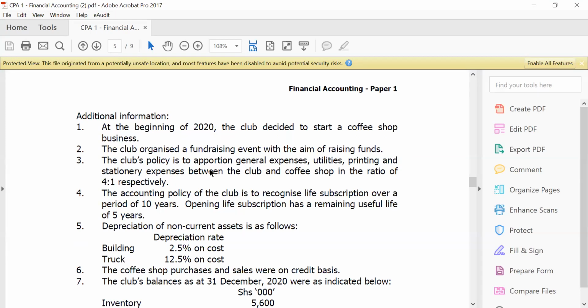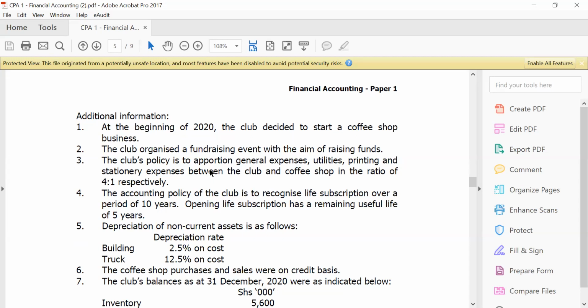Now, as not-for-profit organizations run their so-called side business, they may share some of the expenses, which we have to be able to apportion. And they have already given us the ratio of apportionment. We shall see how that applies.